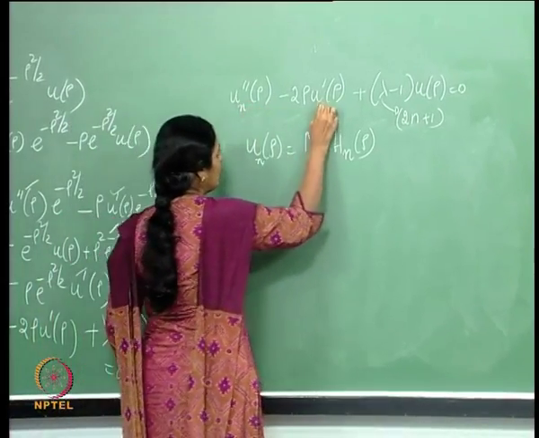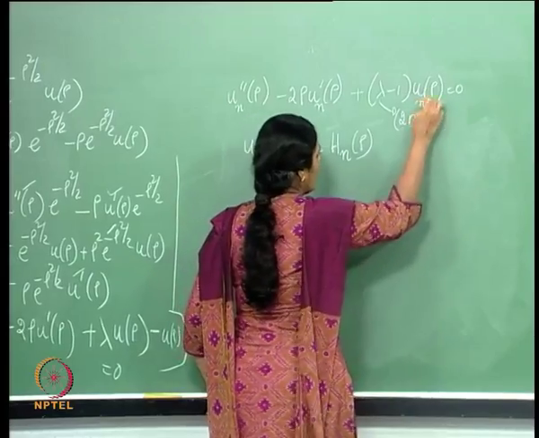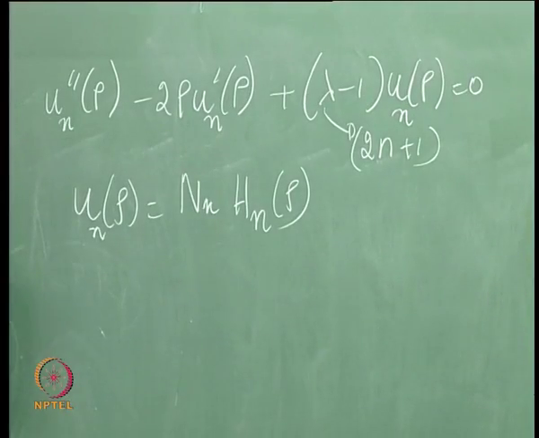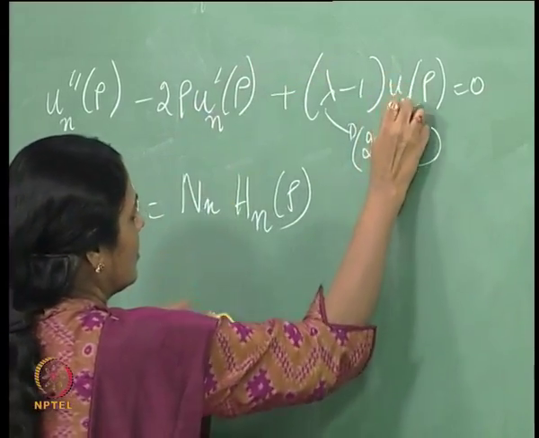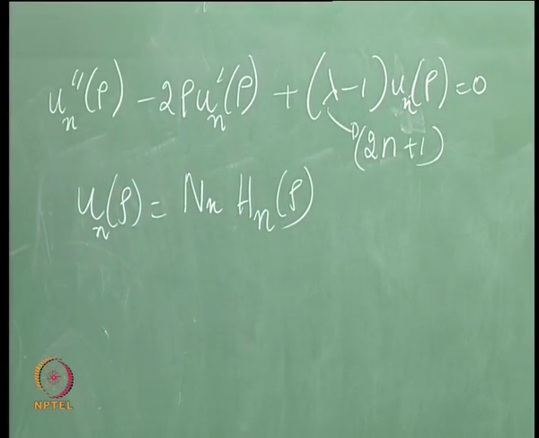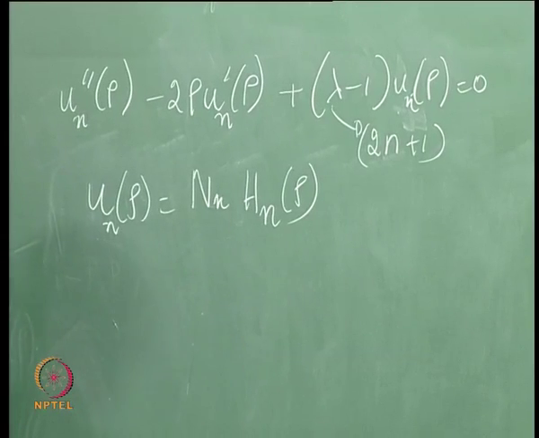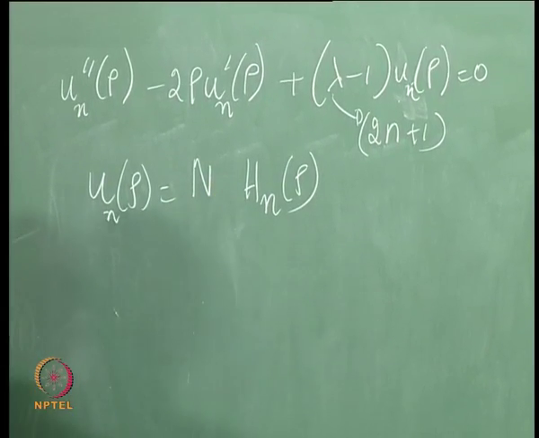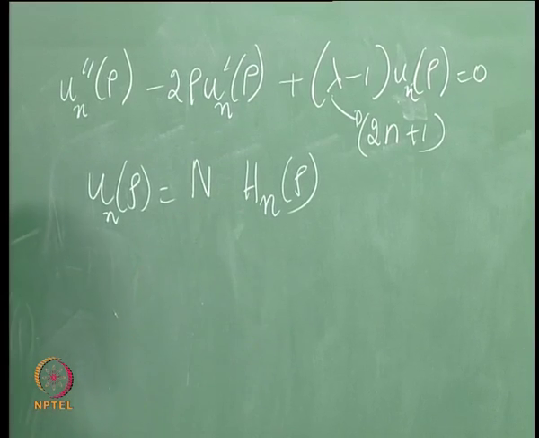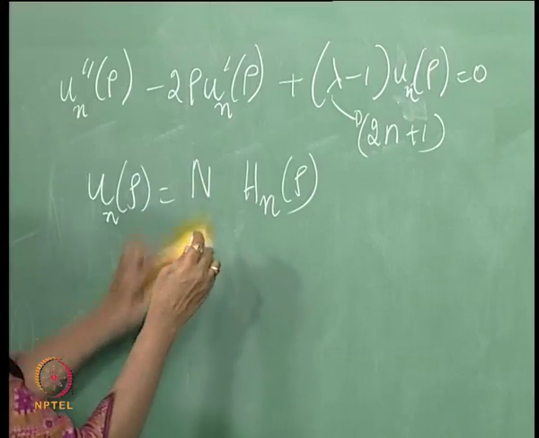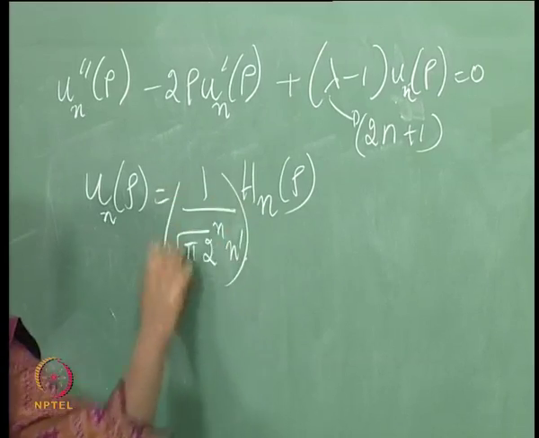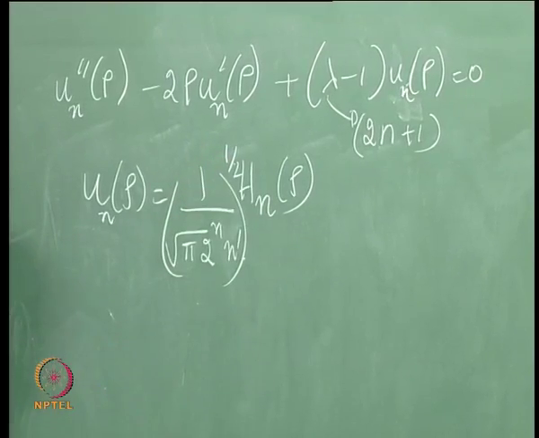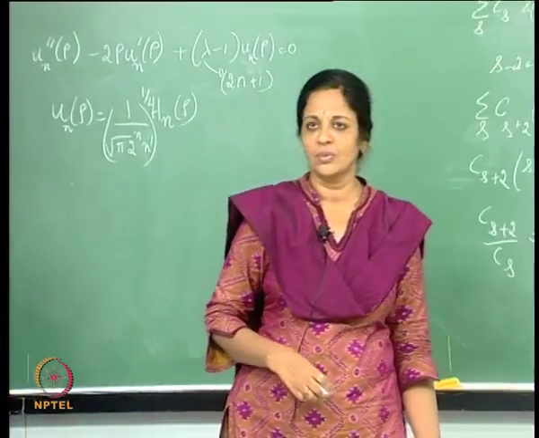So we could well write Un double prime of rho minus 2 rho Un prime of rho plus 2n Un of rho equals 0. This lambda, okay, so that is what I have. So this is some normalization which I could well call N, times Hn of rho, and clearly the normalization would have a 1 by root pi 2 to the power of n factorial to the half from the orthonormality property for Hn, which I just now wrote, and therefore this is what I should be having for Un of rho.